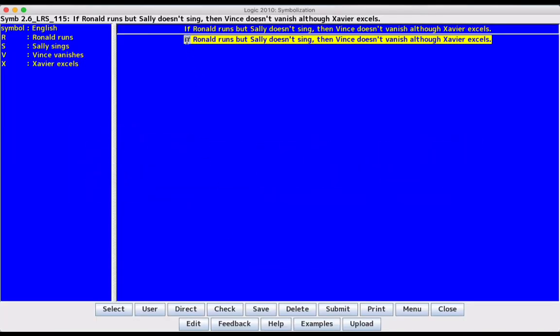So we can go through and find the logical operator words, the words that are going to turn into our logical operators: the negation symbol, the conditional symbol, and the conjunction symbol. So we have this if, we have that but, we have then, there's this n't.